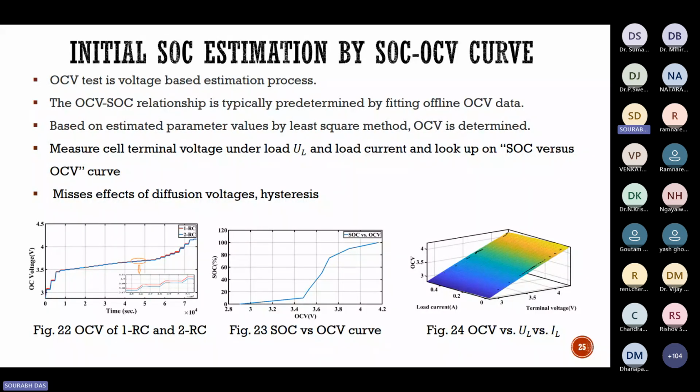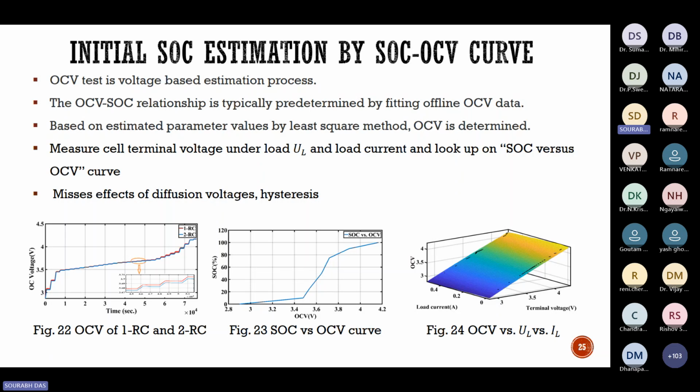So open circuit voltage is basically a voltage-based SOC estimation method where the relationship between the battery state of charge and its OCV is used to predict the SOC under different loading conditions. The OCV-SOC curve is typically determined offline by fitting experimental OCV data to a mathematical model, which I have done using the least square estimation method.